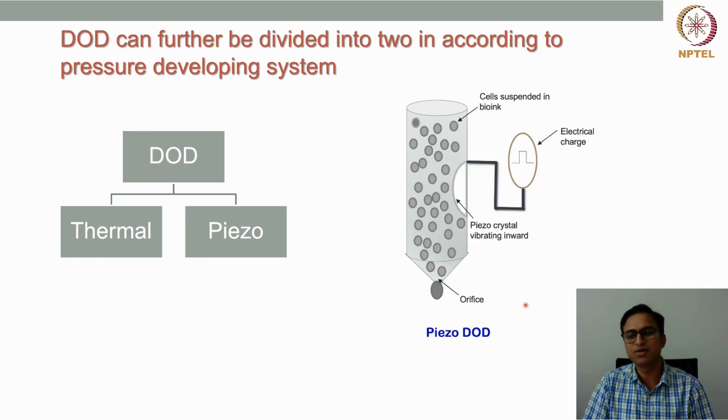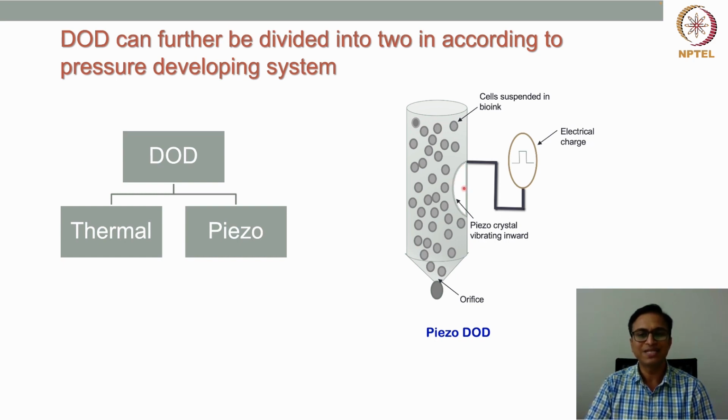The next printing technology is piezoelectric crystal based, or piezo based inkjet printing, where again there is the same liquid column, and a piezo crystal is attached to the liquid column. As you know, piezo is a transducer. So whenever an electrical signal is given to the piezo, it converts into mechanical energy, so it starts vibrating.